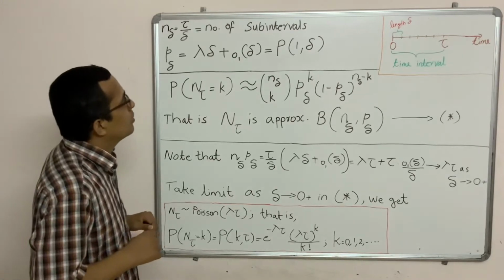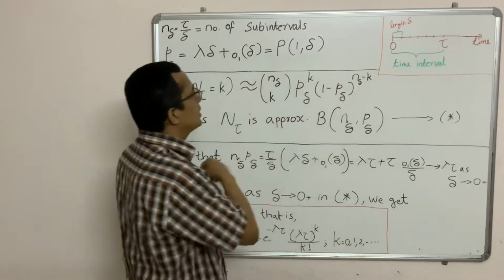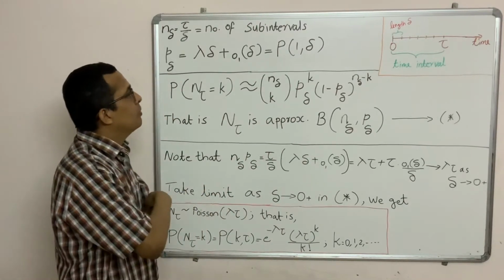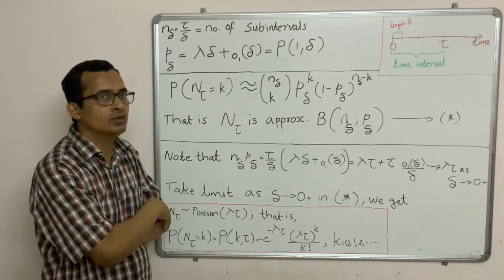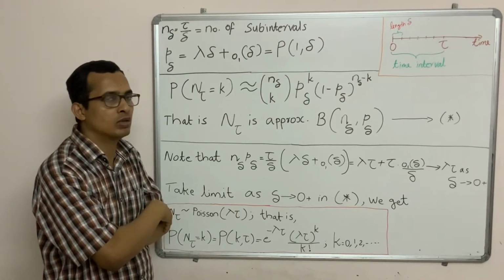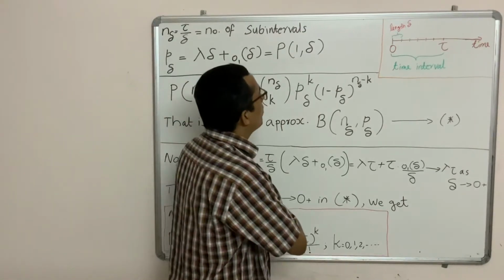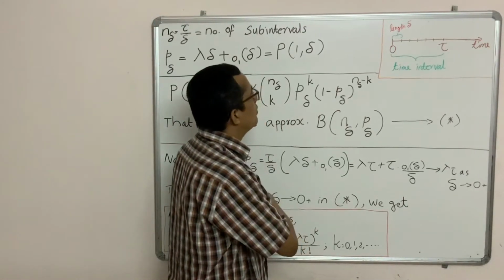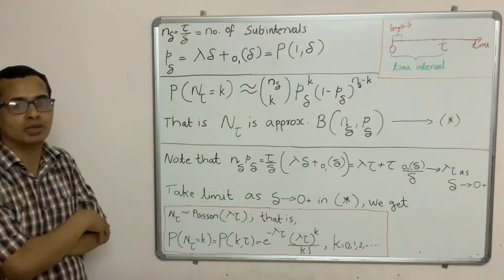What we will do is look at the time interval 0 to tau in this picture and subdivide it into equal intervals of length delta. Delta is very small compared to tau, so we will have tau by delta intervals. If you have any difficulty, imagine that delta equals tau by n, where n is some integer.